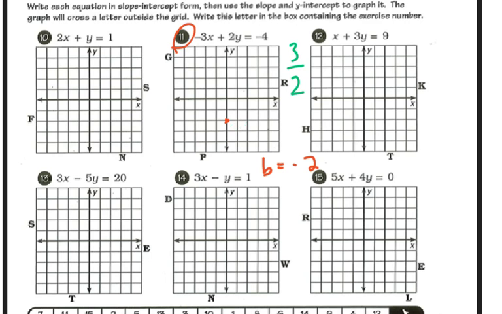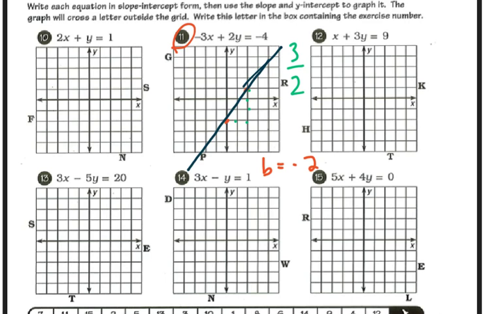Oops, wait a minute. So 1, 2, and then rise 3. 1, 2, 3. And then we put our second dot right there, and we connect that line. It looks like it's going to pass through P. Well, it should. My line's really crooked, but again, you're going to have a ruler, and you're going to be able to make it very precise.